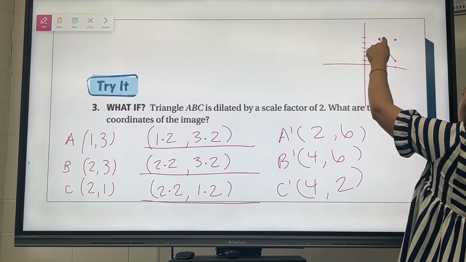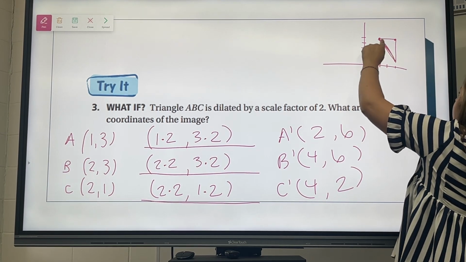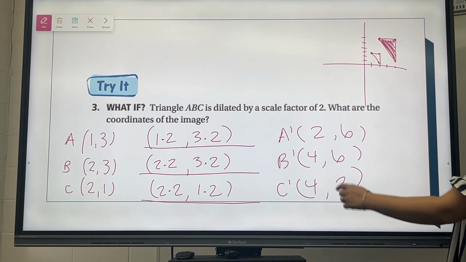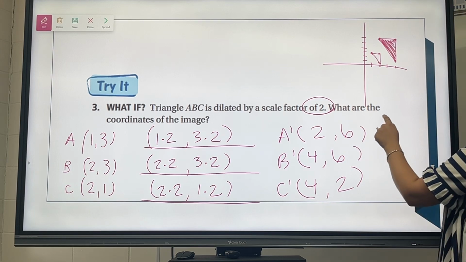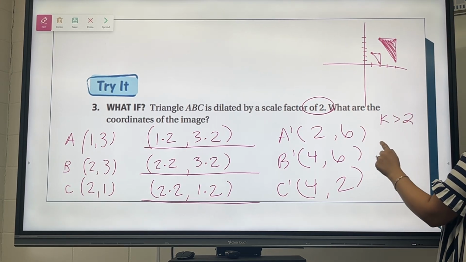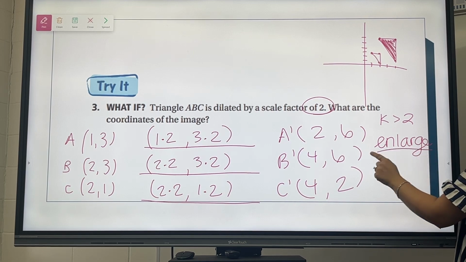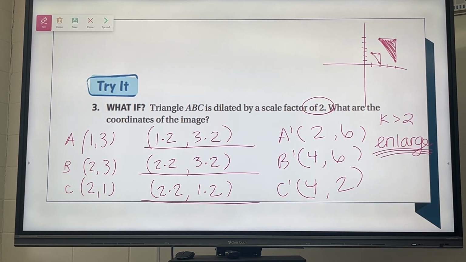So here is my new one that is about 2 times larger than it was before. We have a scale factor of 2, which is greater than 1. So this again is an enlargement, because when that scale factor is greater than 1, it gets bigger.